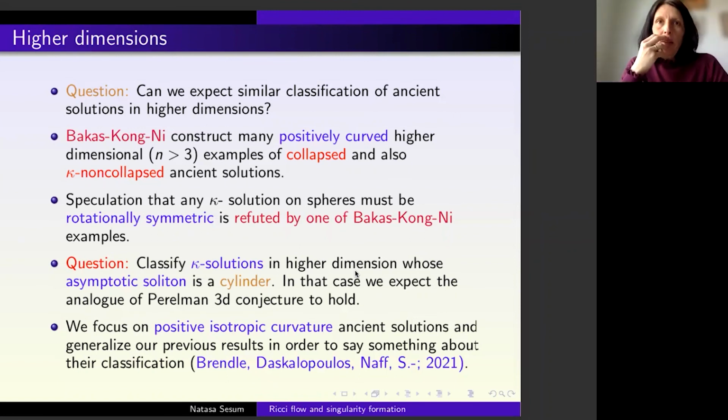And then we could also say that we have the same kind of classification as in 3D. First, Brendle and Naff did it in the complete case, and then all of us did it in the compact case, right? We had all the techniques already developed. We just had to adapt them to the higher dimensional case.